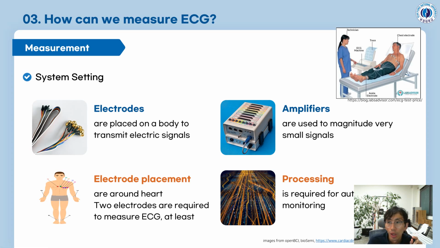Okay, to measure ECG, in this image you can see what happens when we are recording ECG. This person has lots of electrodes on his chest and some electrodes on the arms and legs, and there is an ECG machine here, and then we can see the recorded ECG.